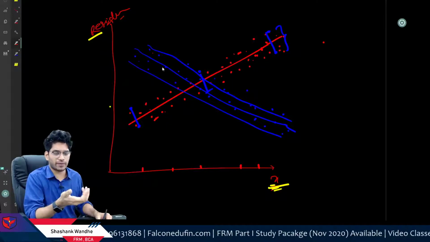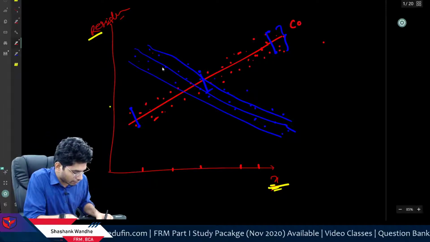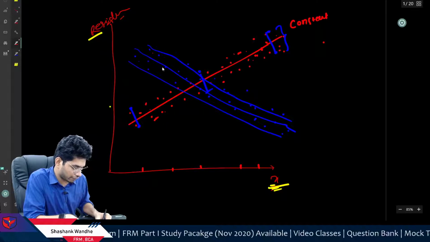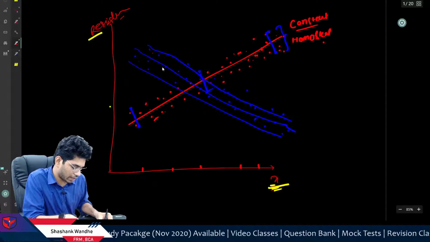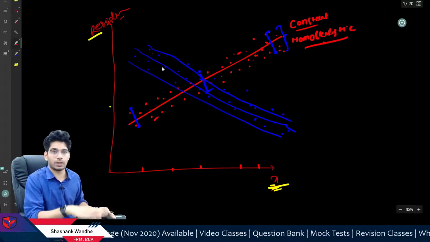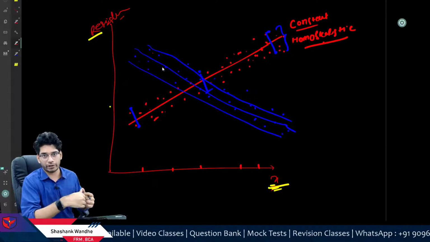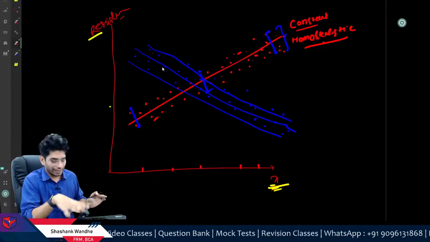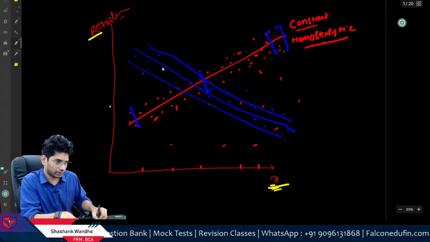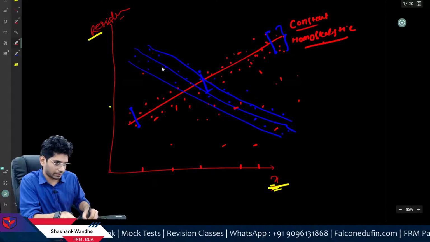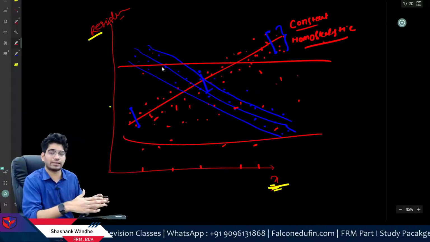Skedasticity relates to the variance of residuals, and homo means constant variance. So homoskedasticity is a requirement of your regression model. It can be like this, you can also get the variance like this, and still this is constant.